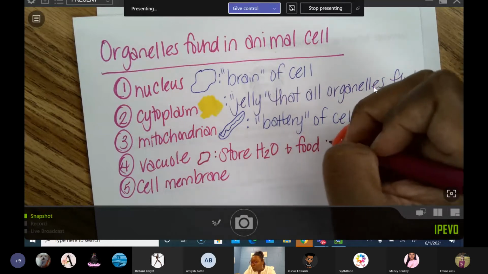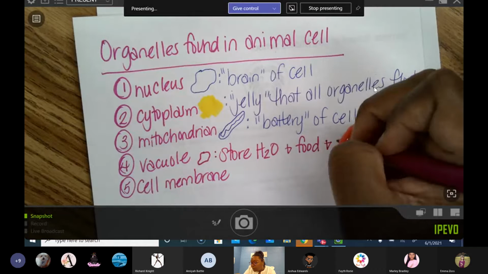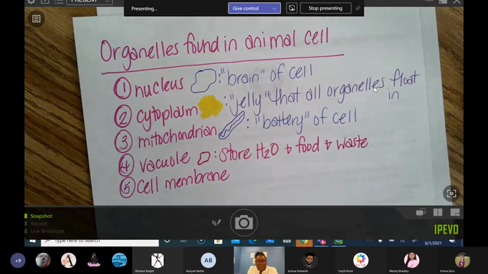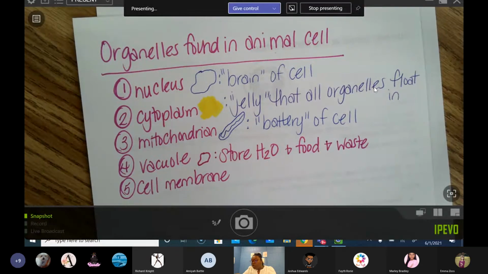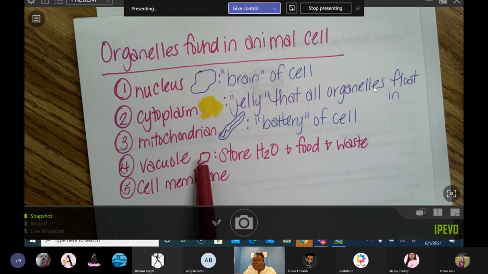And sometimes it stores waste as well. So the poop of the cell, for lack of a better term, that's going to be stored there in the vacuole. You're going to find that the vacuole of the animal cell is much smaller than the vacuole of the plant cell.